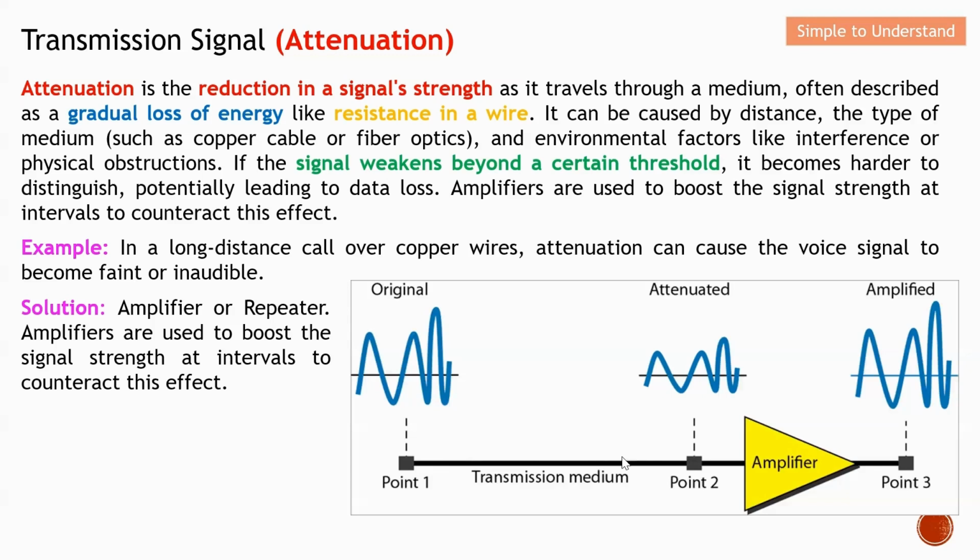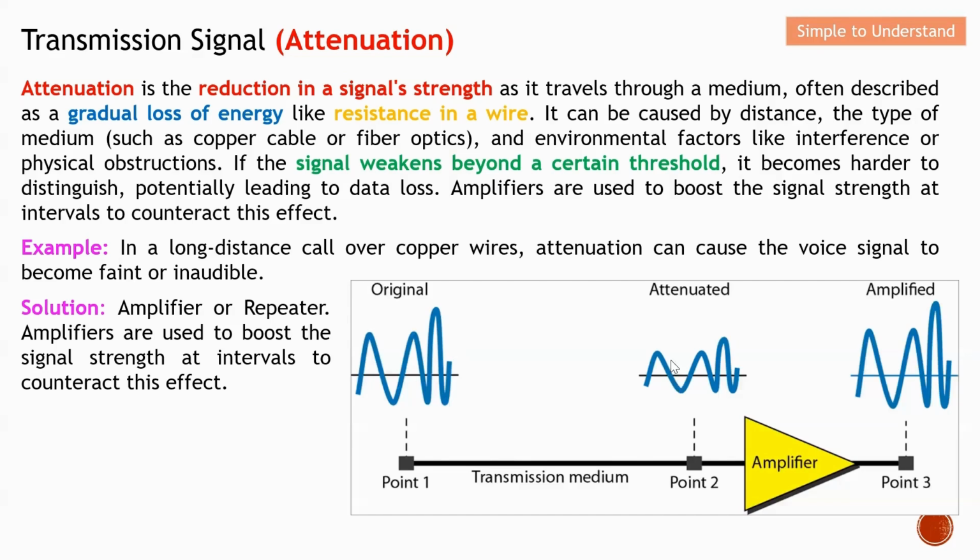Now after some time, it reaches point 2. From here, you can clearly see that there is a change in the signal from the original transmitted signal to what it is at point 2. You can see that attenuation has happened. What exactly is attenuation? You can see that the signal frequency and phase remain intact.